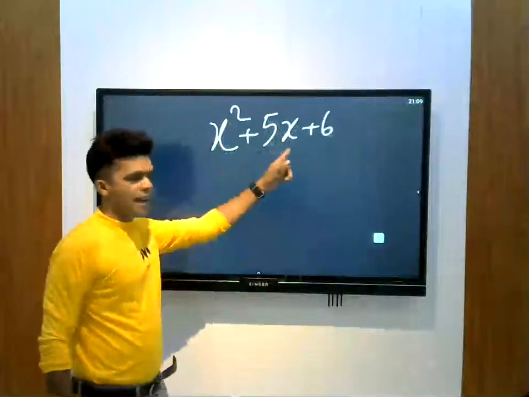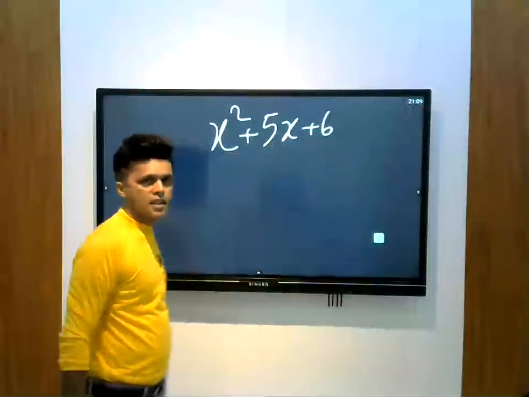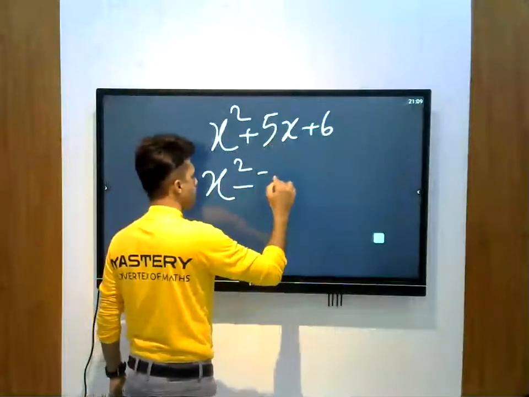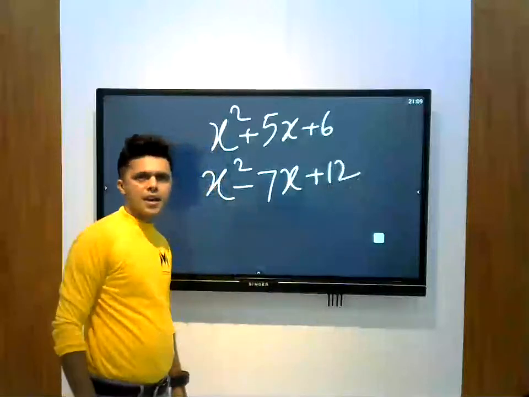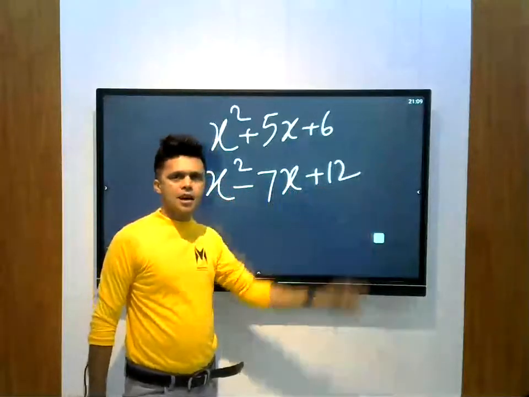Square term, x term, digit. Is this a quadratic expression? Yes, here is a quadratic expression. The reason is x square term, x term, digit.